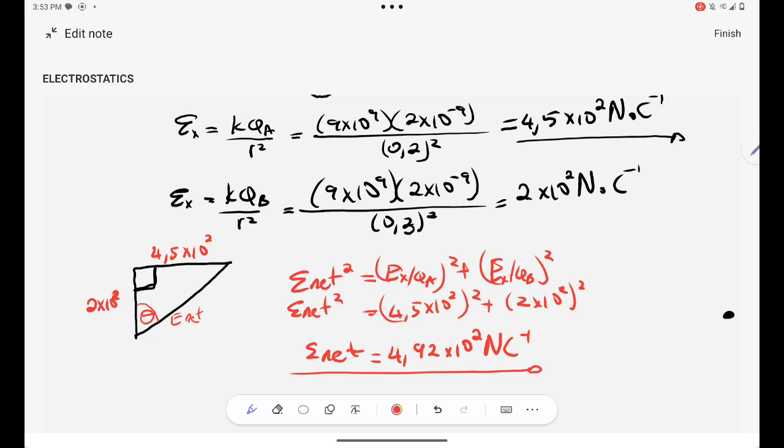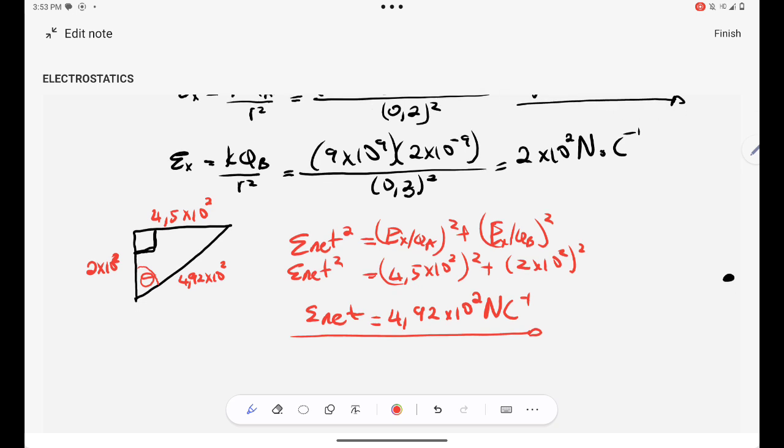Are you together? But you are not done. We just found the magnitude. I know that 99% of the time they will ask you to find the magnitude. But let's say now they want you to find the direction as well. For you to find the direction, you must find theta first. How can you find theta? We can use any trig ratio we want. We have the adjacent, opposite, and the hypotenuse.